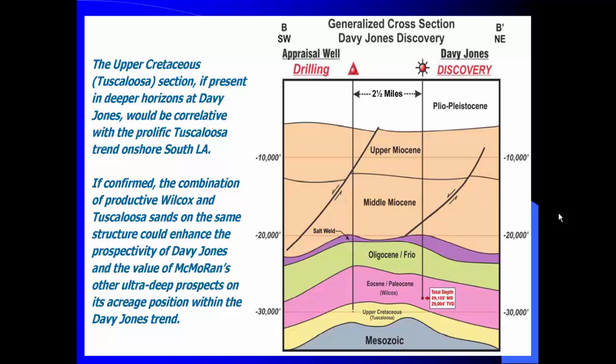So here's the discovery well, the 1, this is the 2. You notice they go through the Miocene and middle Miocene, and I think this is a little older interpretation, but they've got this nice salt well in here, and they go through the Oligocene, and they go through the Eocene, and then down here into the Cretaceous.